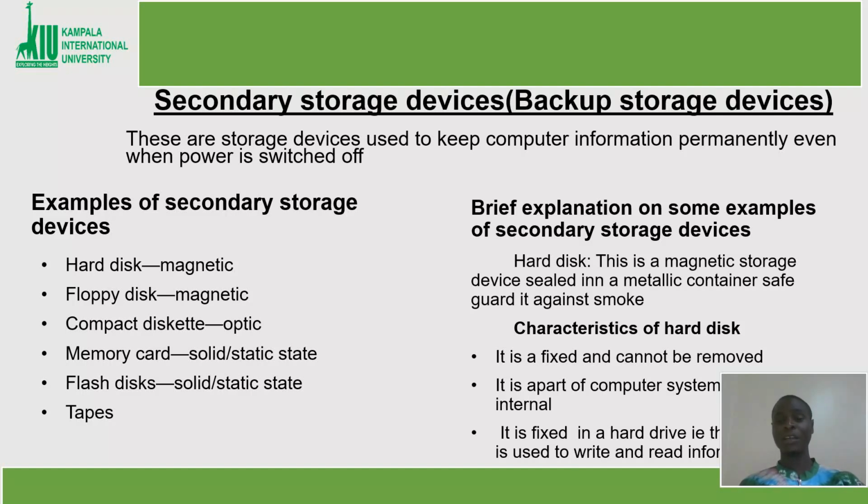Number one, it is fixed and cannot be removed. Number two, it is a part of the computer system, which is internal. Number three, it is fixed in a hard drive, i.e., this hard drive is used to write and read information.